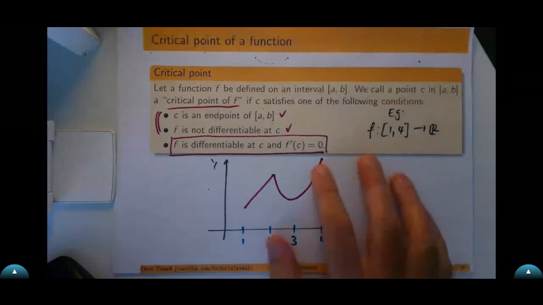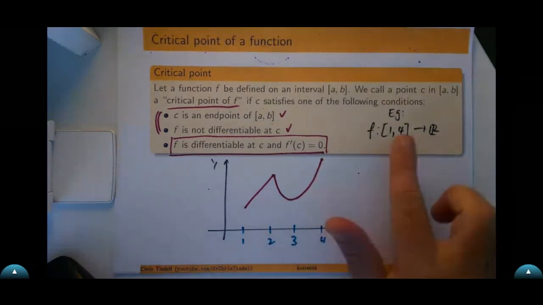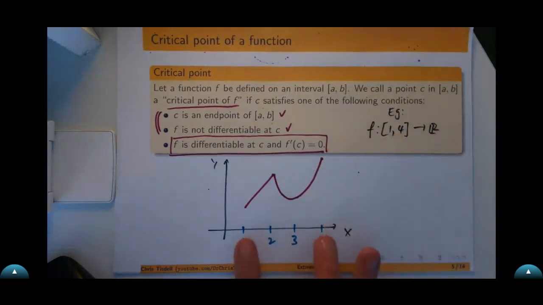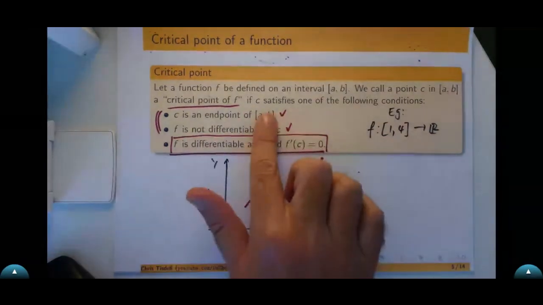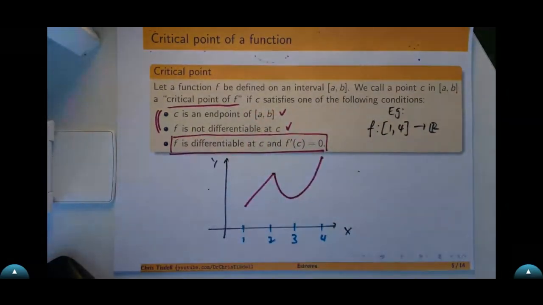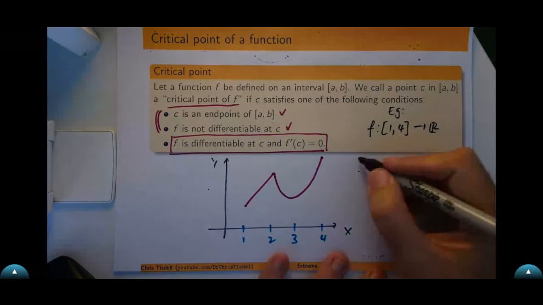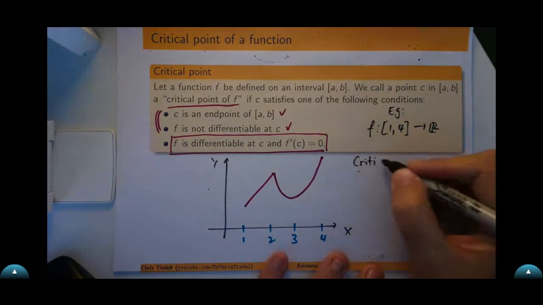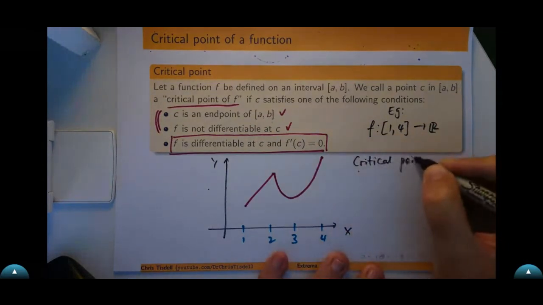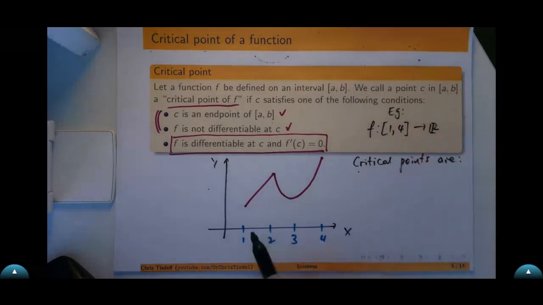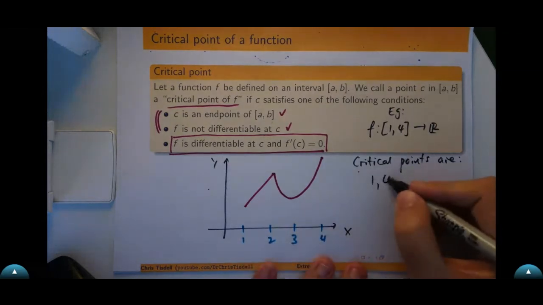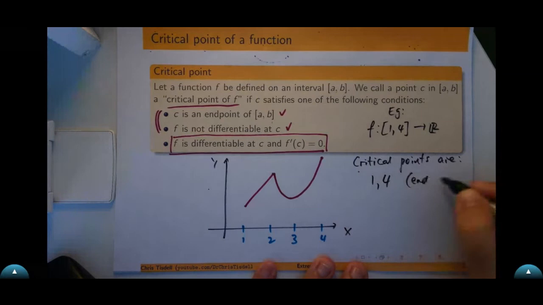Okay, so in this picture, the endpoints of the interval are 1 and 4. By this definition, they're critical points, okay? Because this is an endpoint, and this is an endpoint of the interval, they're definitely critical points.